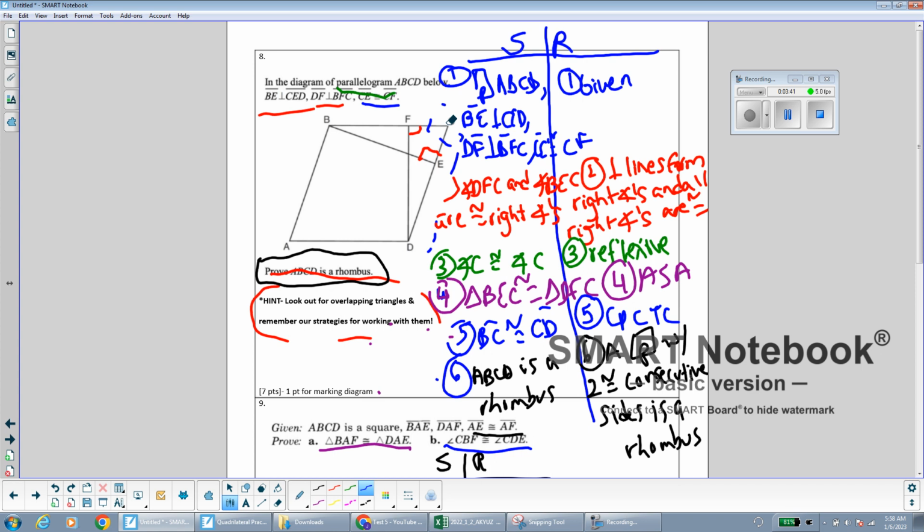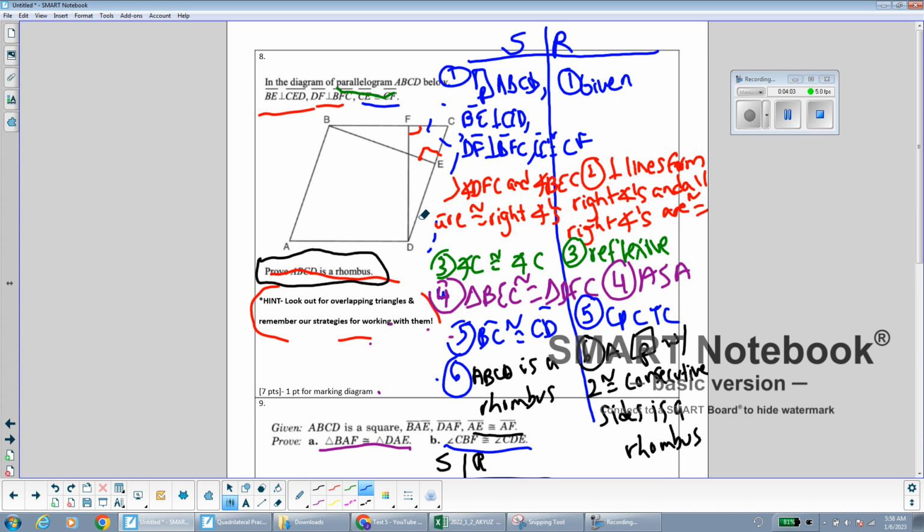Now, a lot of people were trying to use addition postulate. They were trying to do FC plus BF to make BC and CE plus ED to make CD. Sounds reasonable. The only issue is that you don't know that BF and DE are congruent to add them.